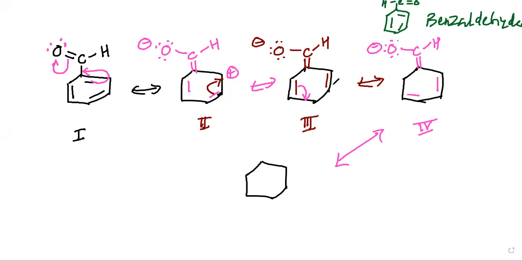Here, my dear students, you can see that the electrons move in a way that the electrons from the carbon of the aldehyde and the benzene ring carbon come between carbon number 1 and carbon number 6. So there is a double bond produced between carbon number 1 and carbon number 6.